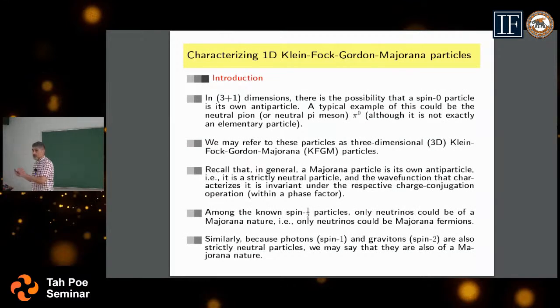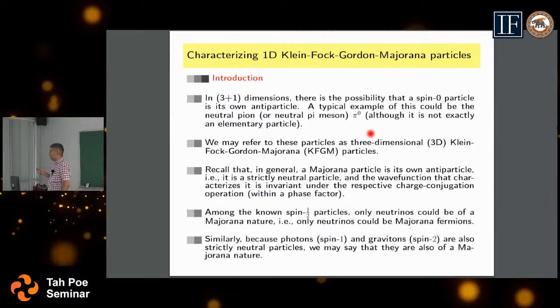Okay, in a little introduction, I will present the topic. You are experts in physics, so you can understand the point. We all know this: in 3+1 dimensions, we have particles with spin 0 that are equal to their antiparticle, for example, the neutral pion.